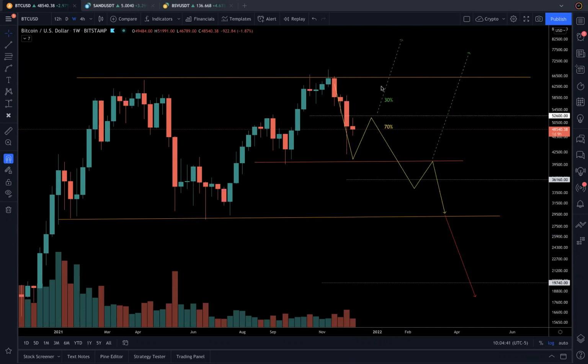It's not about the exact number. 70-30 indicates that there is a higher probability of a downside move, lower probability of an upside move in the current state. That's the interpretation.